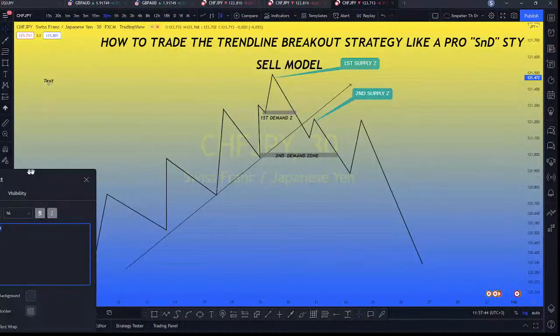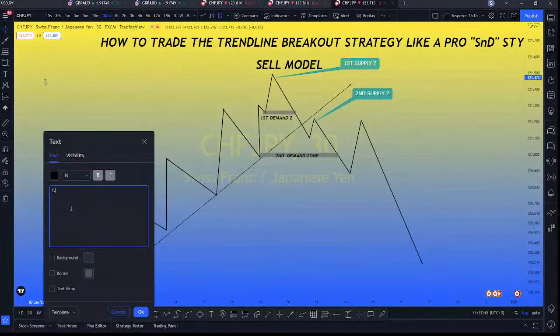So we have said: identify the two demand zones in the sell model prior to the change of character, or the change of market direction, or the break of the trend line.